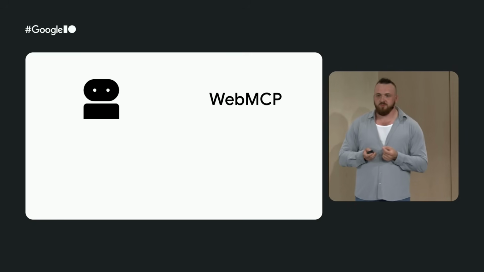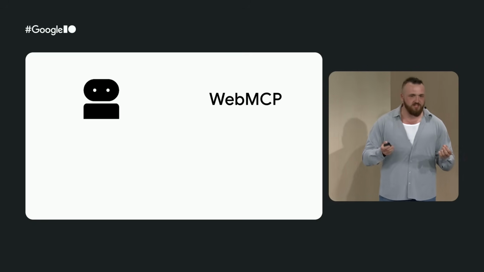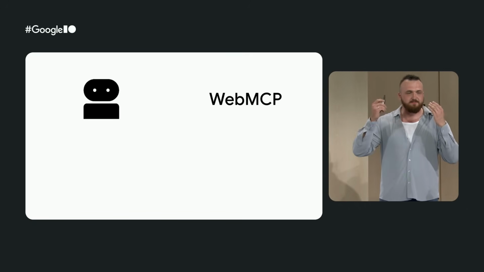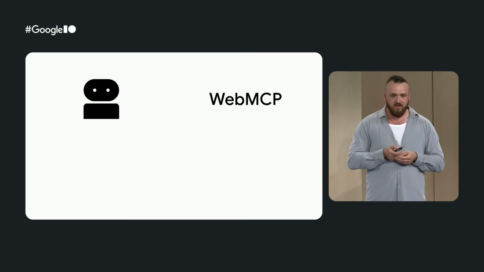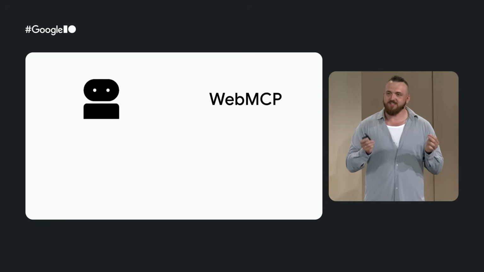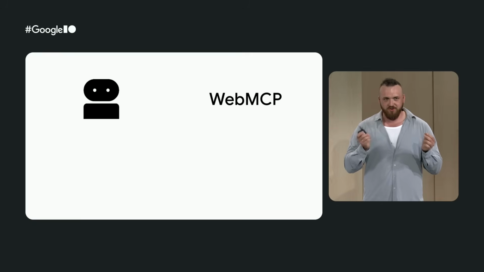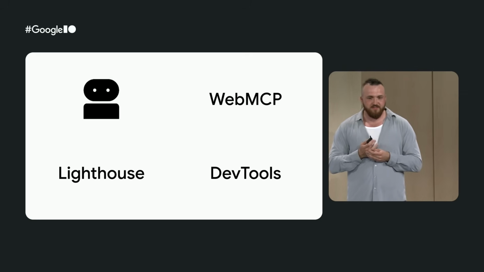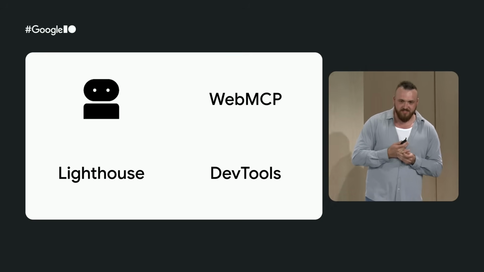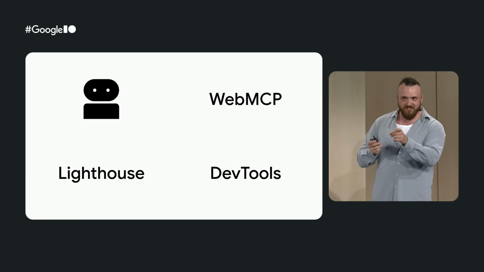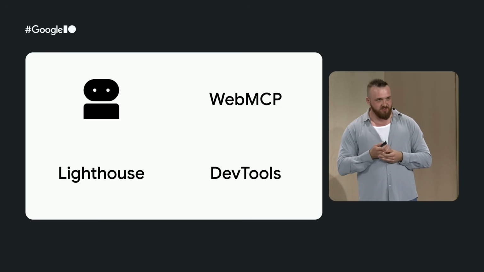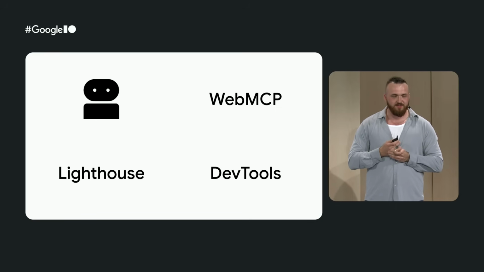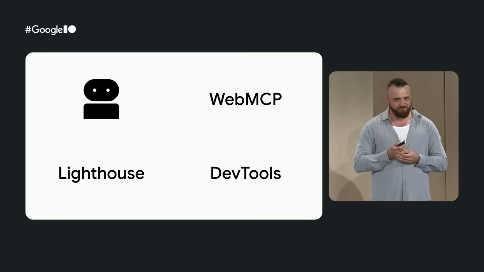We have reviewed WebMCP, the proposed web standard that aims to expose structured tools for AI agents on existing websites. I really encourage everyone to start experimenting with WebMCP and join the upcoming Origin trial. And finally, we've discussed the Lighthouse audit for the agentic web. Reminder, we need your feedback. And debugging your WebMCP tools using the support in Chrome DevTools.